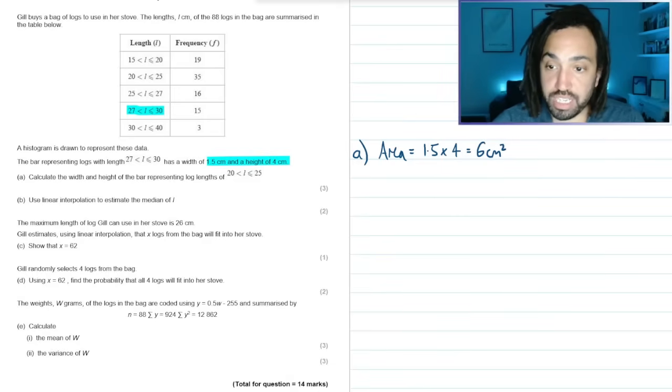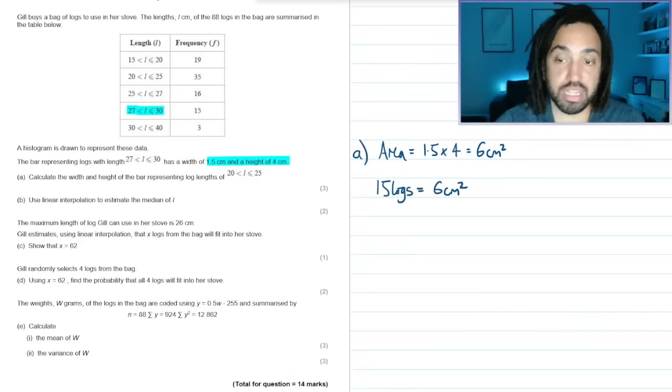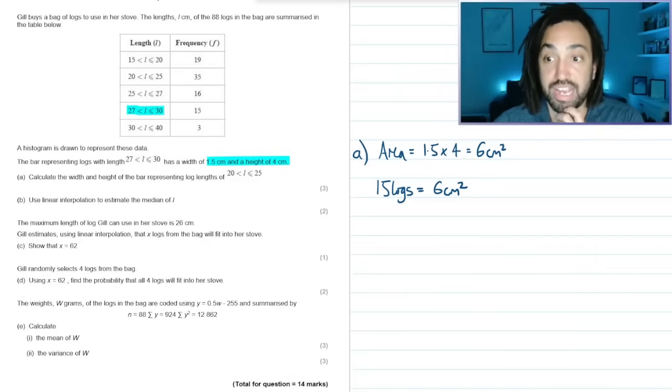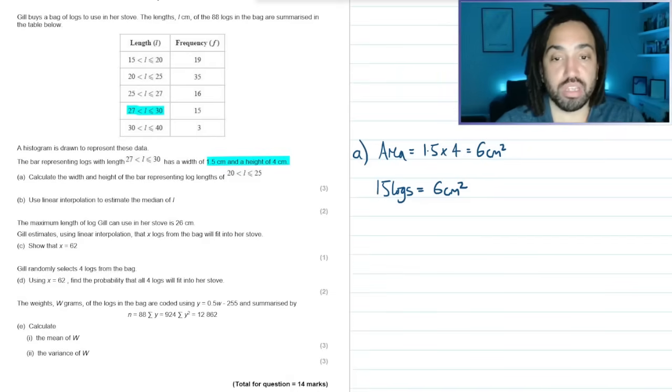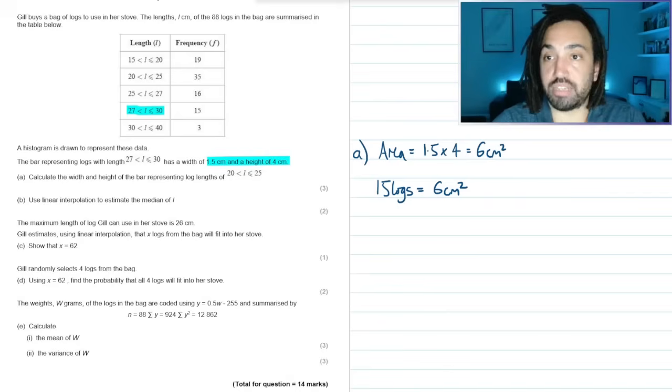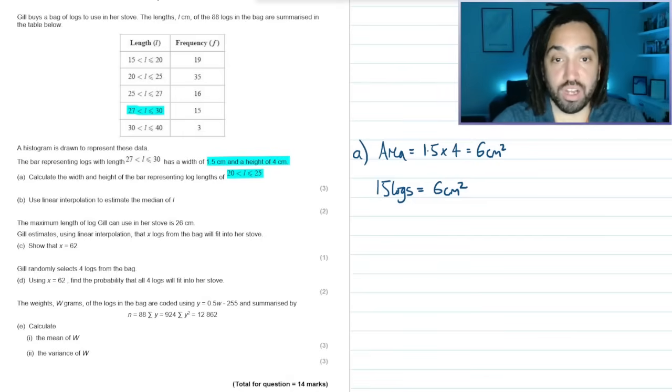Okay, so 15 logs represents 6 centimeters squared on my histogram, because the area is the frequency. Now the next bar which we need to look at is between 20 and 25, and we can see that has a frequency of 35.